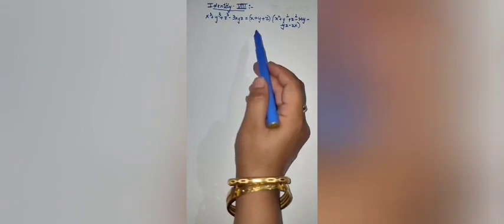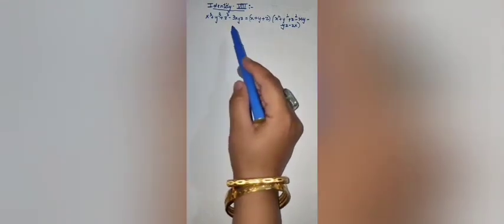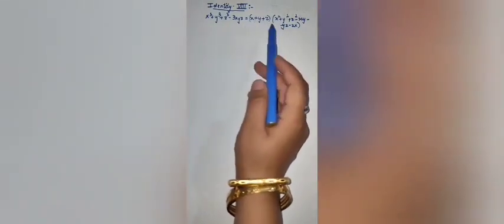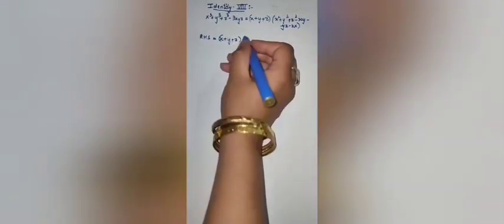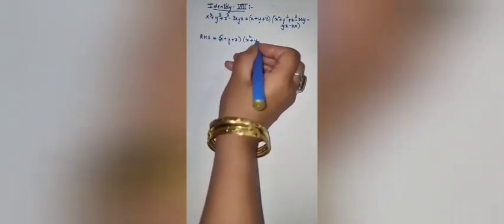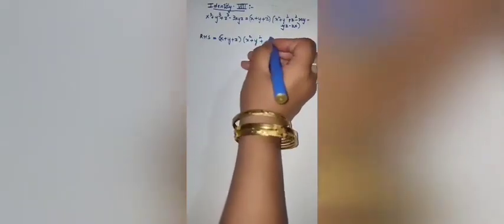So students, we can't do anything for LHS as it is in simplified form. So we will take RHS first. That is x plus y plus z here, and x square plus y square plus z square minus xy minus yz minus zx here.